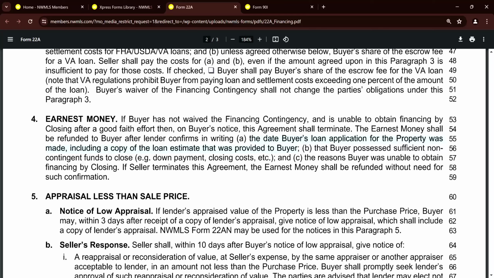Second thing, that buyer possessed sufficient non-contingent funds to close. Example, the down payment, closing costs, etc. So you've got to have evidence or proof.